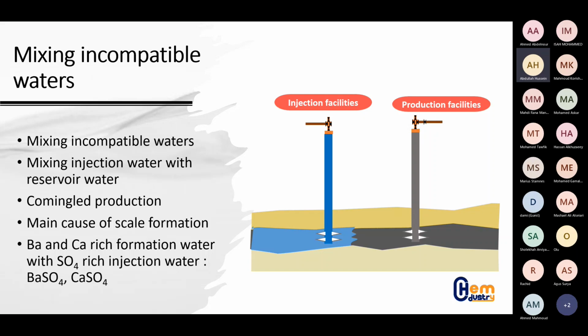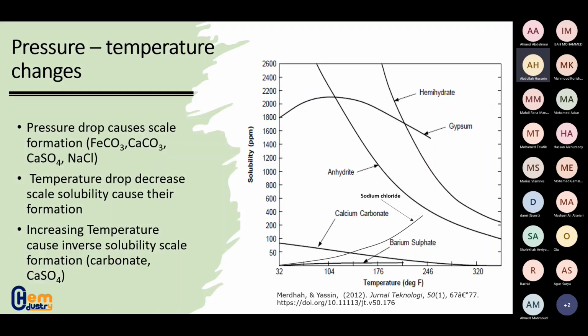The second factor we have is the change in the temperature and pressure, and this is very, very tricky. Basically, pressure drop can cause the precipitation and deposition of the carbonates, like the iron carbonate and calcium carbonate, also the calcium sulfates, and also the sodium chloride.